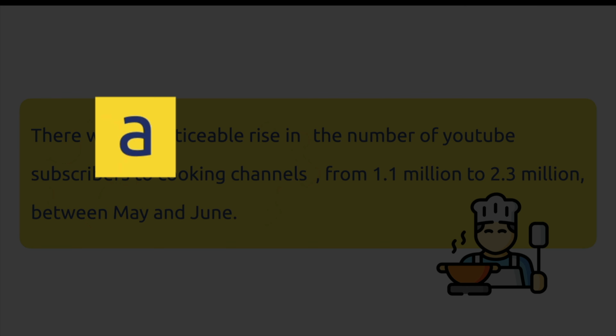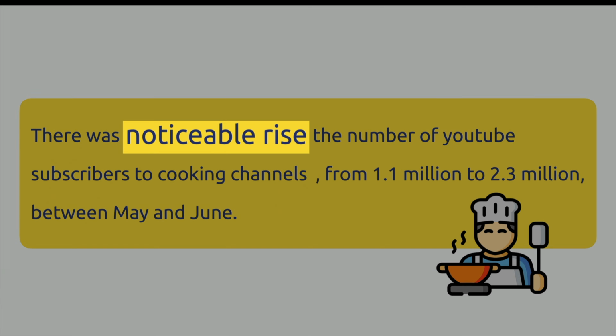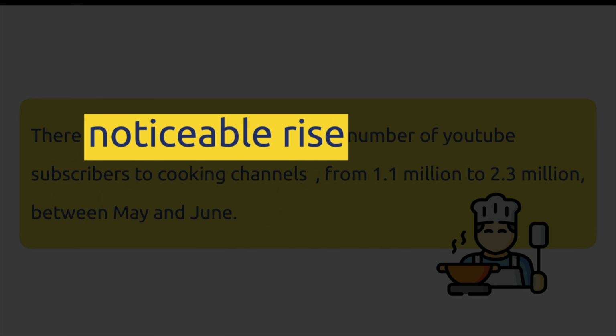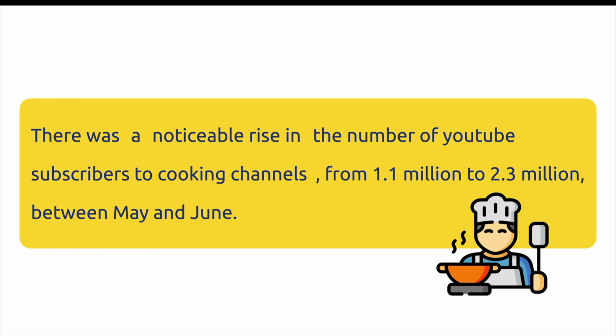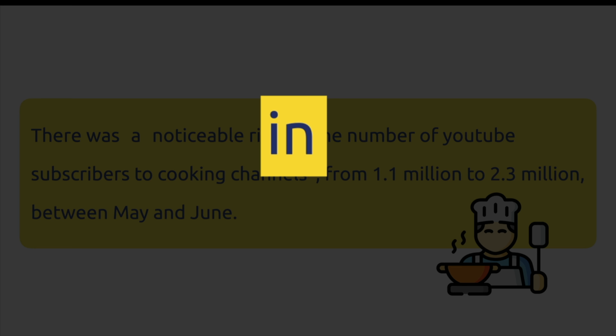So it becomes there was an increase, there was a drop, there was a fall, there was a fluctuation, and so on. After the trend word used as a noun, you need the preposition in.